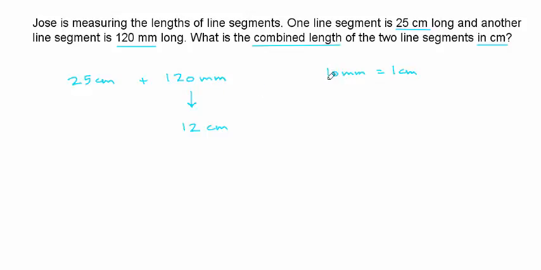And the conversion factor between a millimeter and a centimeter is 10, and therefore this number is 12 centimeters plus 25 centimeters. So the combined length of the two line segments is 37 centimeters. Let's do another one.